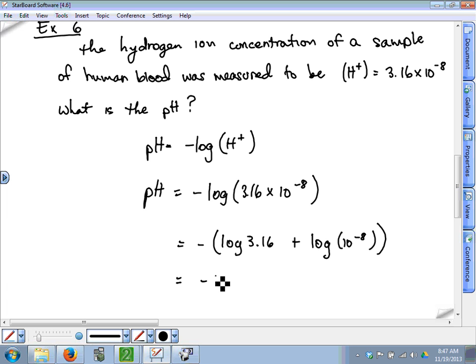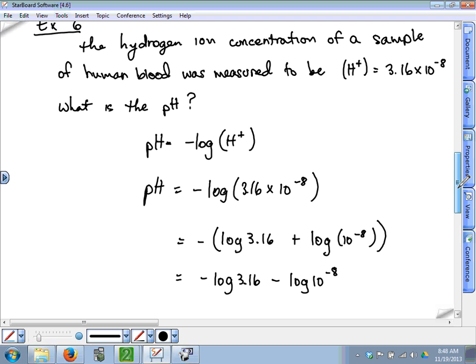So now this is equal to negative log of 3.16 minus log of 10 to the negative 8. The reason I put that in parentheses is so you remember that you had to distribute that minus sign. So now both logarithms are negative.